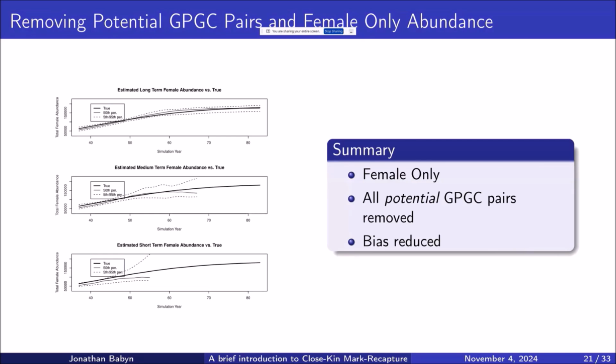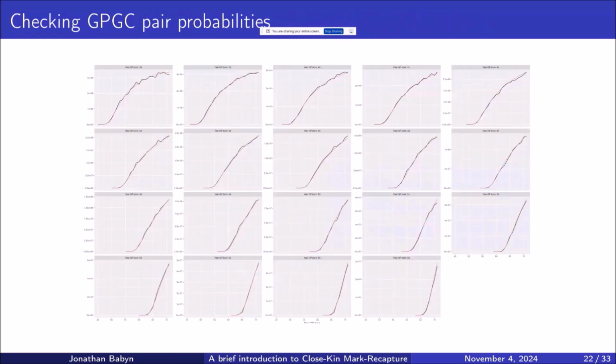So I think somehow the problem is related to the grandparent-grandchild pairs that we have here, but I'm not entirely sure why. Because I have this simulation, I can actually check what the simulated probabilities are.